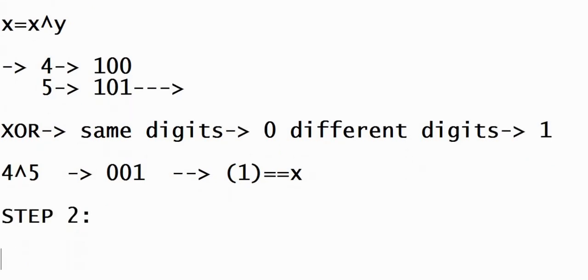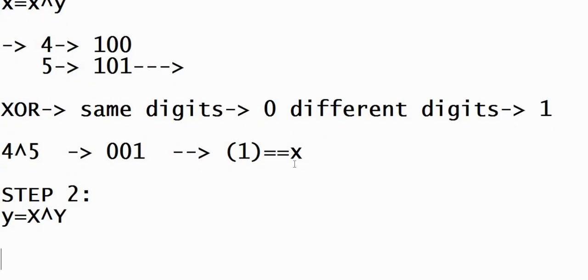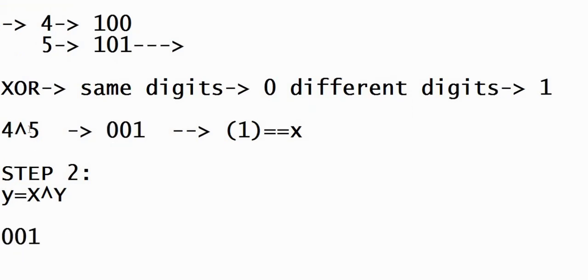Step 2: store the value of y as x XOR y. Now the value of x is held as 001, and the binary representation of 5 is 101.